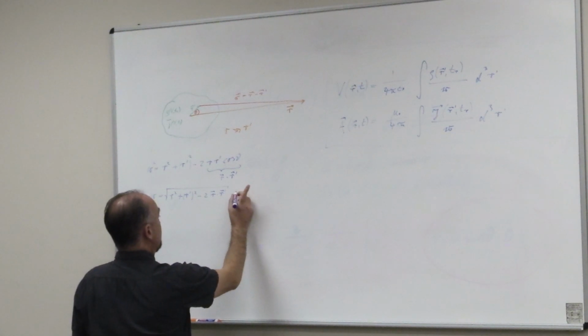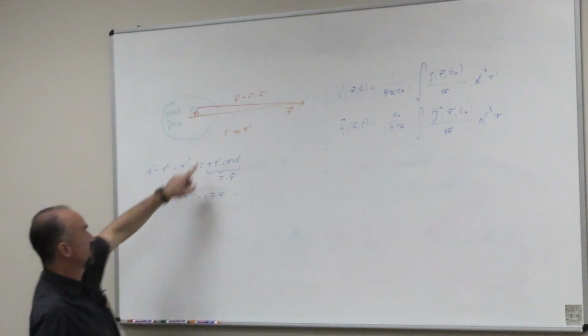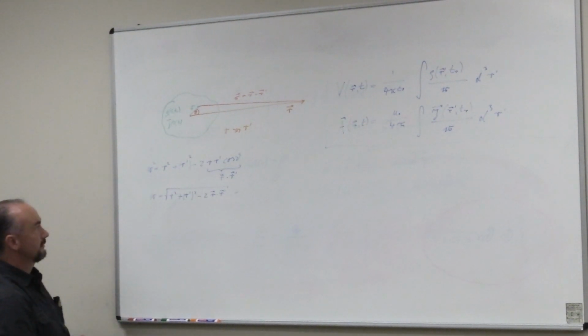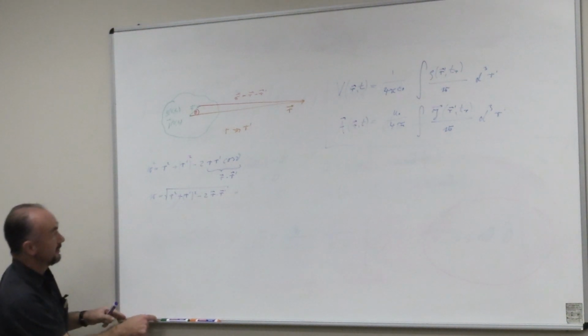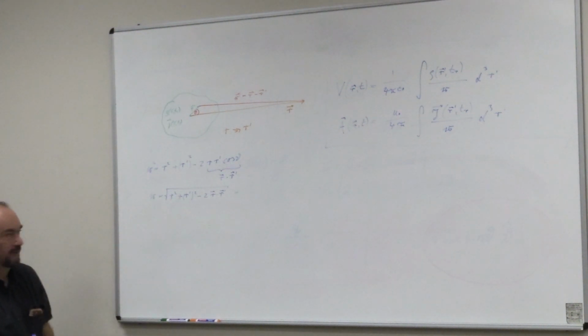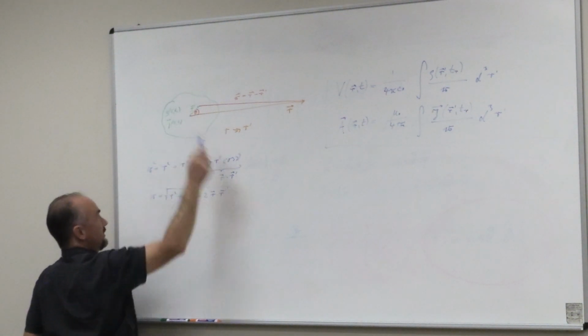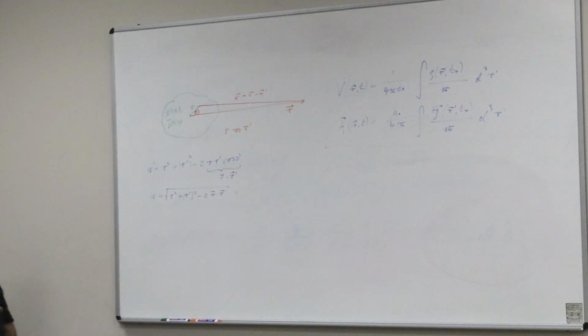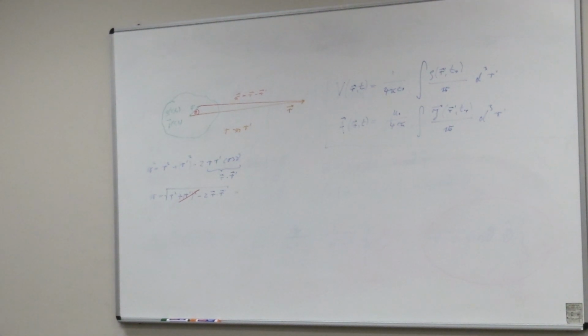So the approximation that we'll make is that this r prime is much smaller than r. If we want to take this to first order in the size of the source, which is order r prime, there's already a second-order term here that we can neglect. That's a little small.